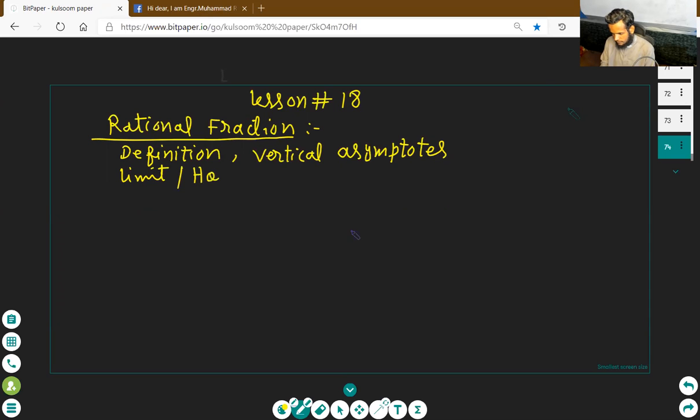Okay, clear? First we study the definition of asymptotes, and after this we will define the rational fraction. What is rational fraction?